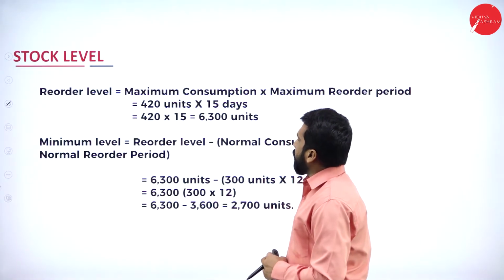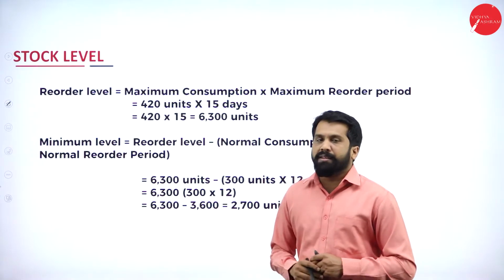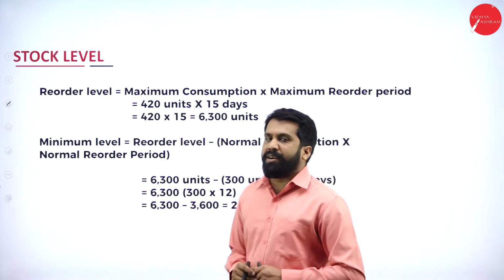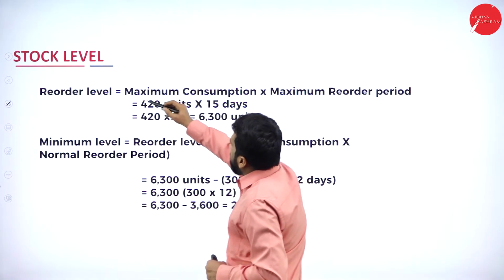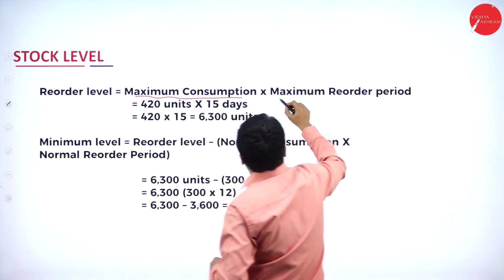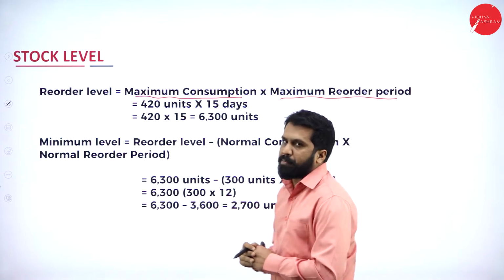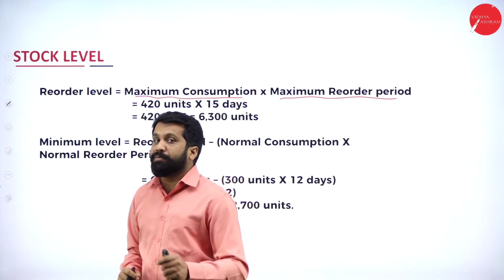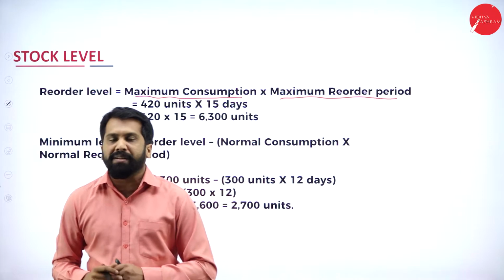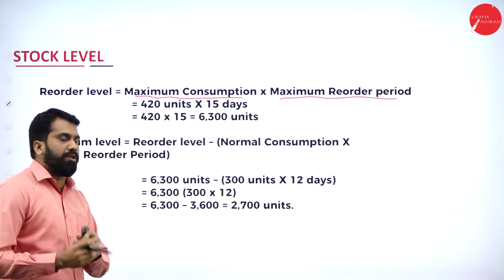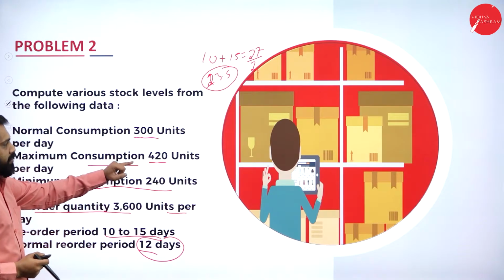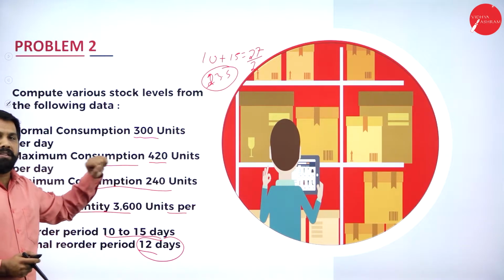First will be your reorder level. Now, how to find your reorder level? The formula is very simple: maximum consumption into maximum reorder period. In this, what is your maximum consumption? I'll go back. Your maximum consumption is 420 units.